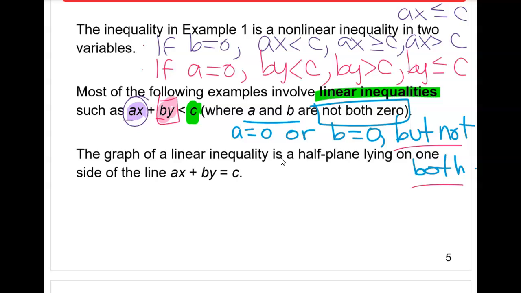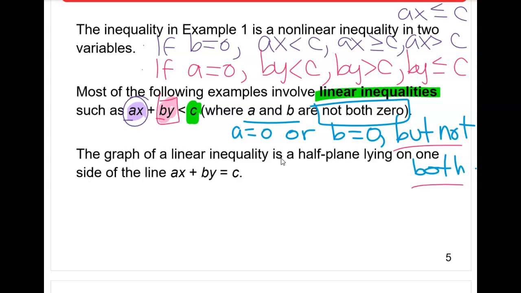Okay, the graph of a linear inequality is a half plane. So those are the ones that divide the plane nicely into two regions, and those two regions will be on either side of the line.